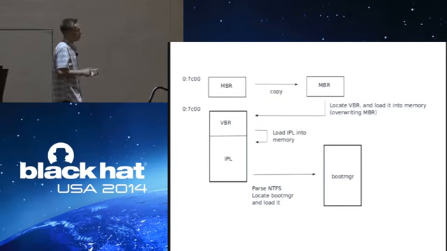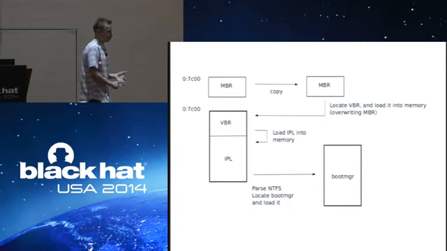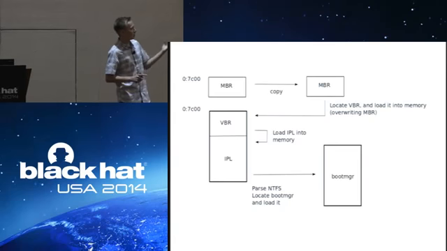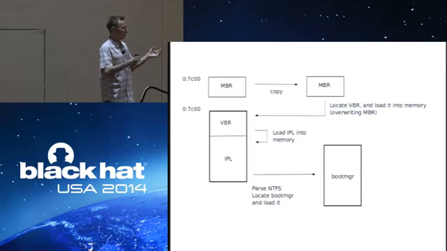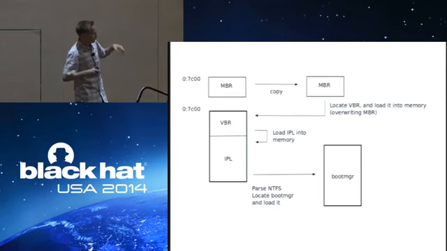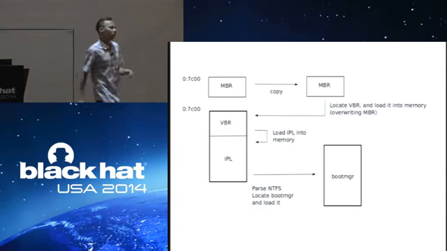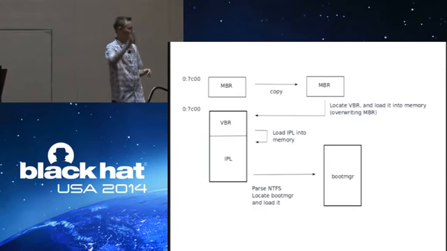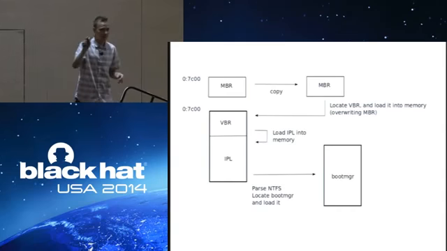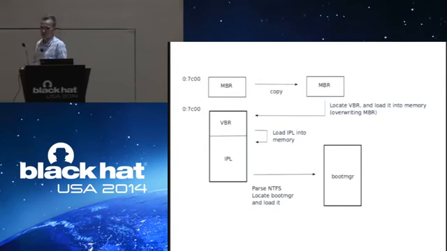From there, it will locate the VBR, load it, then pass control to it. The VBR will load the initial program loader into memory, in consecutive memory addresses, and run that, which would parse the file system to locate the boot manager, load the entire contents of the boot manager into memory, and pass control to it. So this is the process we aim to analyze, really.